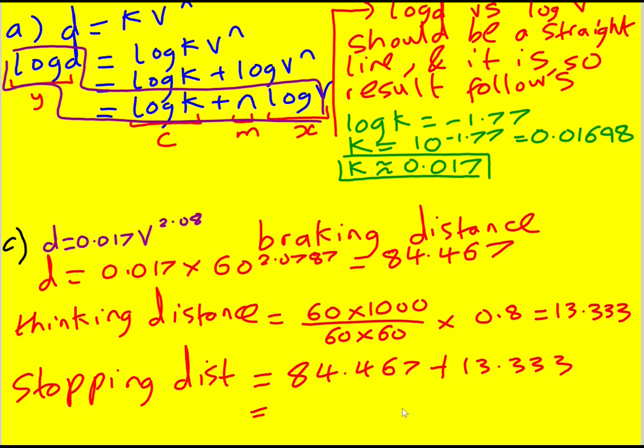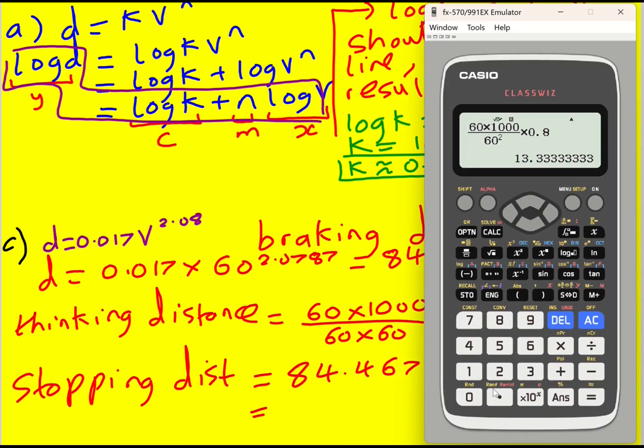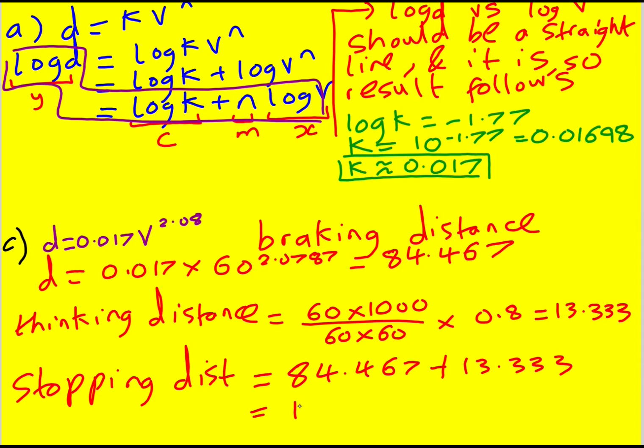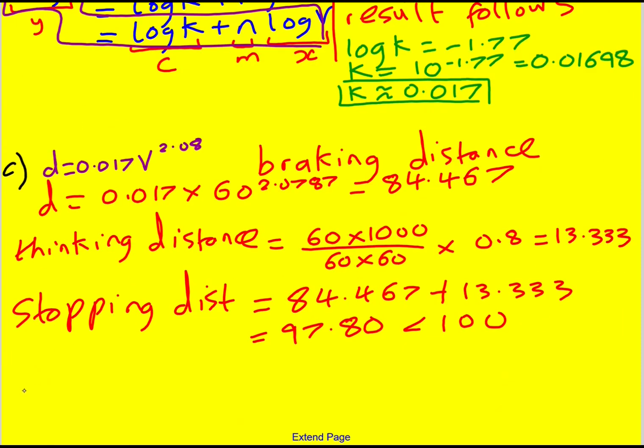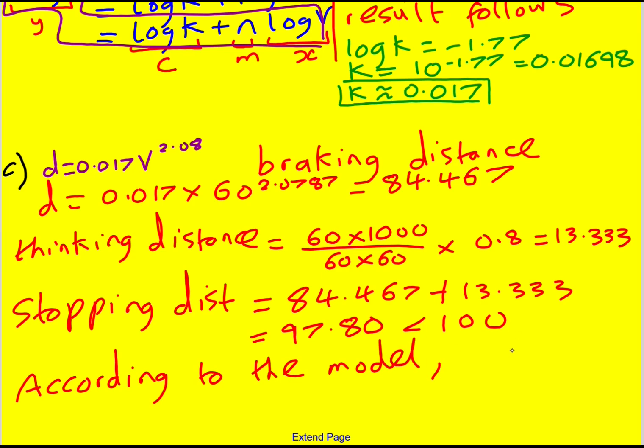You can see it's going to be less than 100, but let's work out the exact value. 97.80, which is less than 100. And then I'm just going to write a little conclusion. So according to the model, Sean will stop before the puddle.